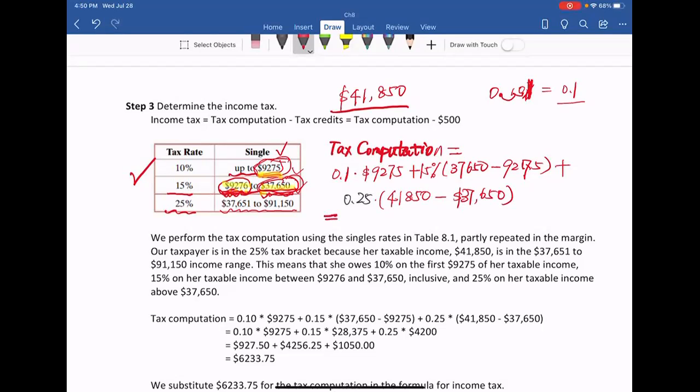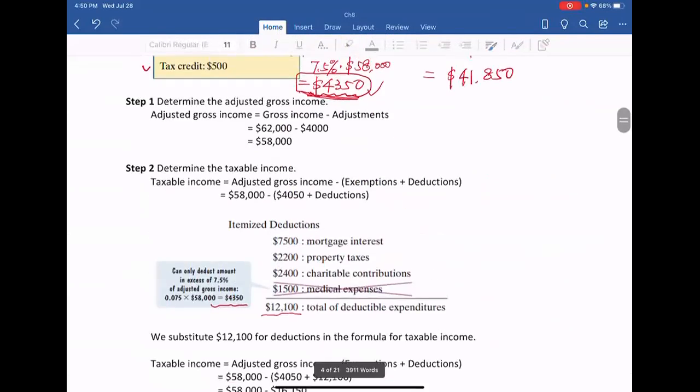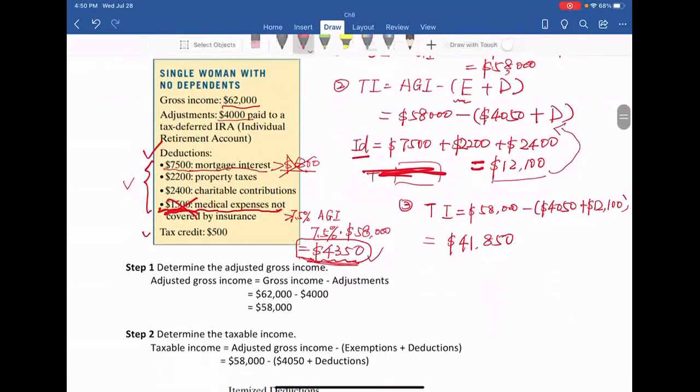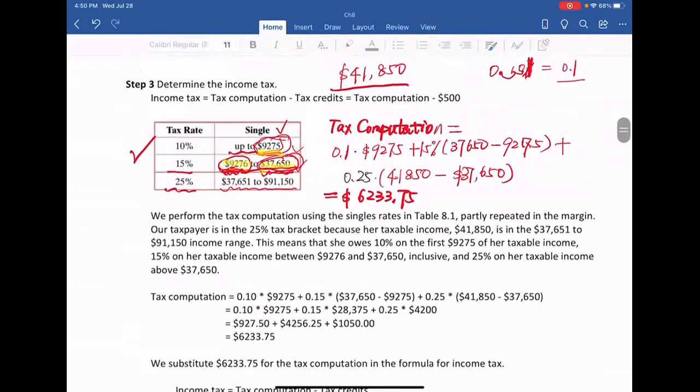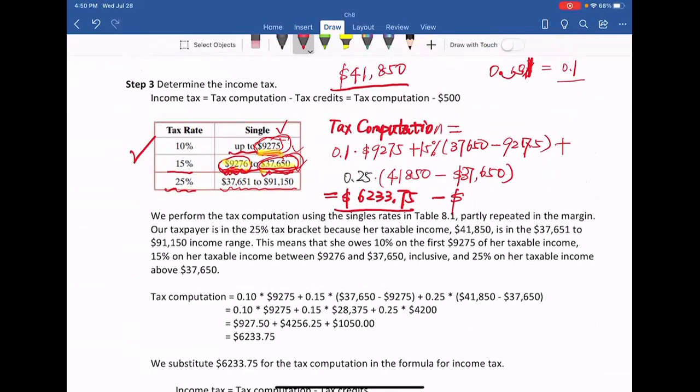Use the calculator to find the amount: 6,233.75. And then the question tells us the woman has tax credits. So we need to use the tax computation subtract the tax credits, which is 500, and that's the income tax.